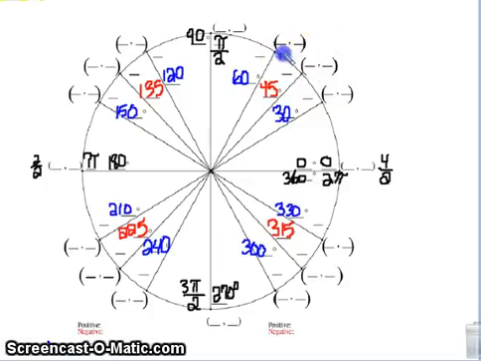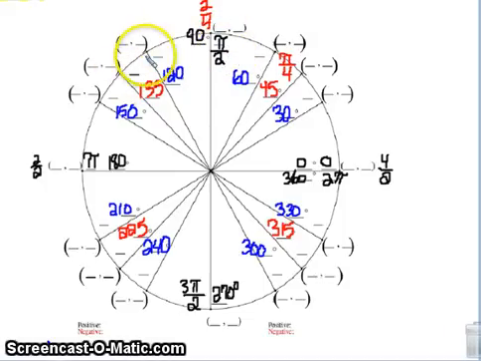So this is actually going to be pi over 4. 45 degrees is going to be pi over 4. I think that actually was one of your homework problems. So pi over 4 is 45 degrees. This is 1/4. My 2/4 is going to be up here, right? Because 2/4 is the same as 1/2.